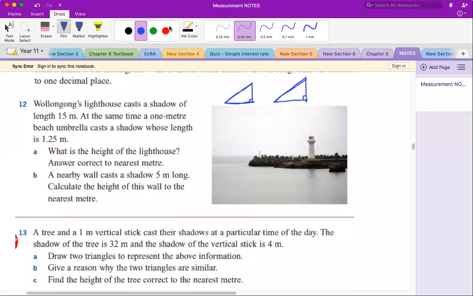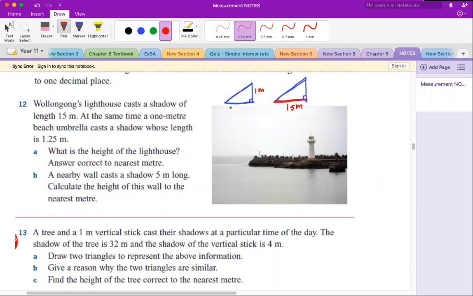Yeah. And it says the length of the shadow, which is the one on the ground, the horizontal line, is 15 meters. It also tells you at the same time a 1 meter beach umbrella. So if it's a 1 meter beach umbrella, I'm using this smaller triangle. Which side is 1 meter? The height. The height, right? So yeah, this is 1 meter.